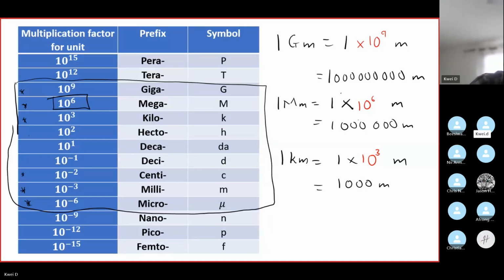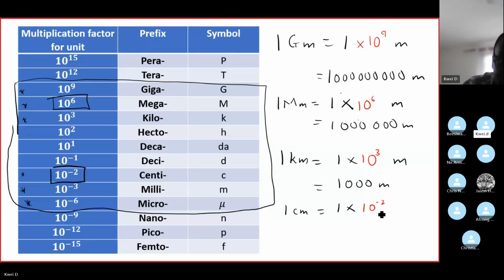Please, are you following? Good. Let's jump to the centimeter. When we say 1 centimeter, it simply means 1 times, then you look at the centi, 10 raised to the power minus 2. So you put it there, 10 raised to the power minus 2 meters.